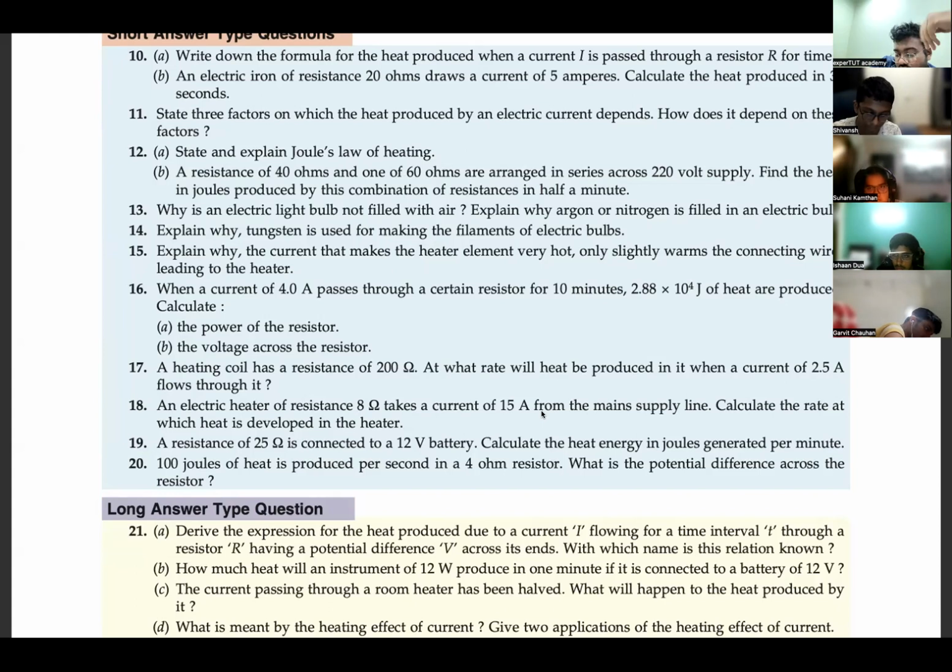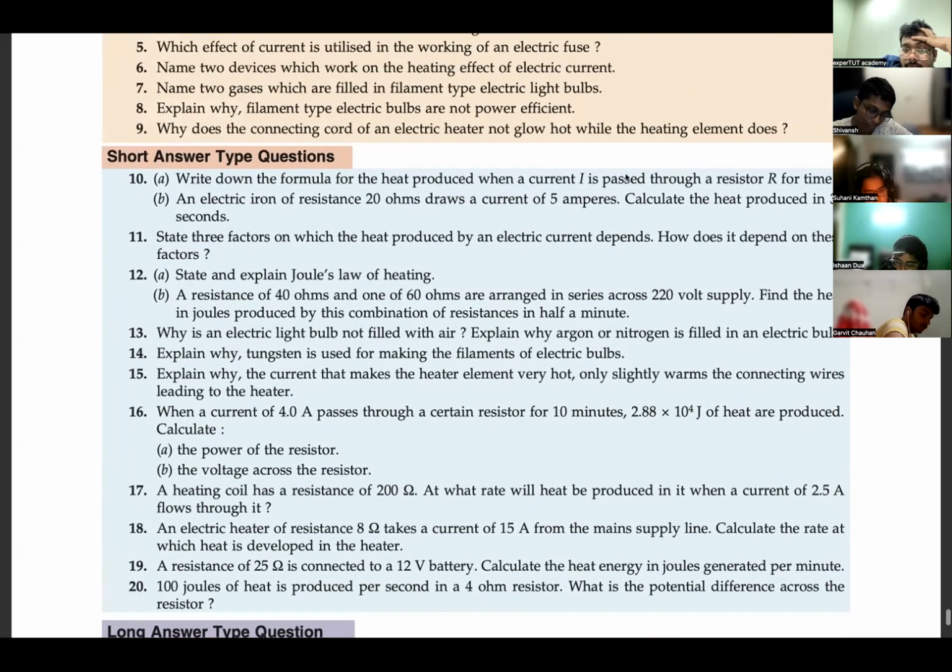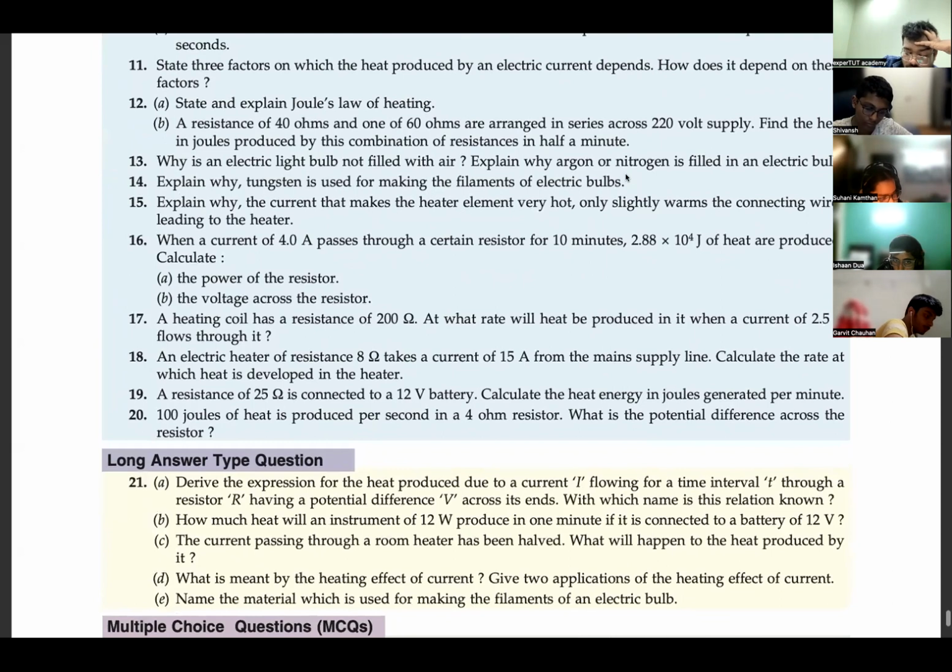It is in front of you, the PDF is different. So question 16 and 17. 17 and 18. Right.